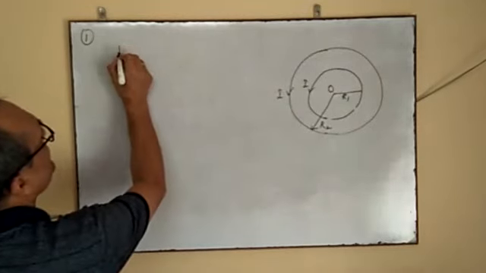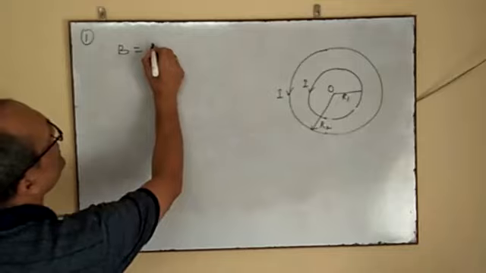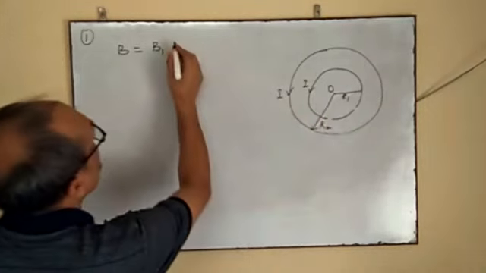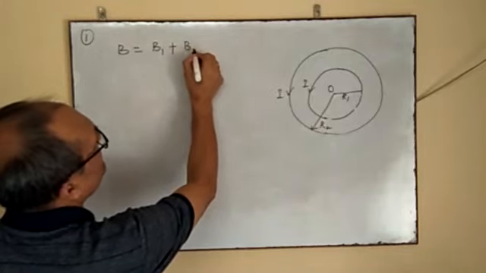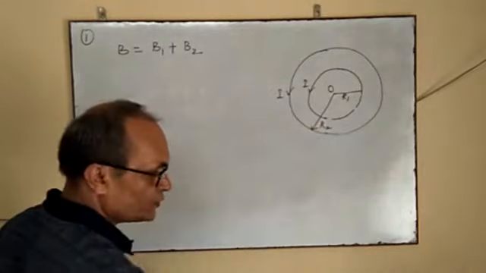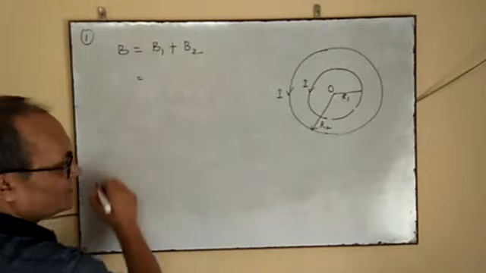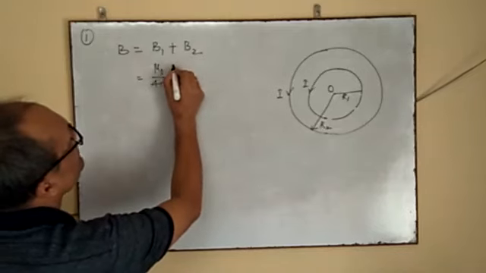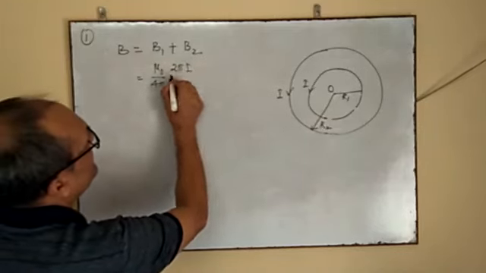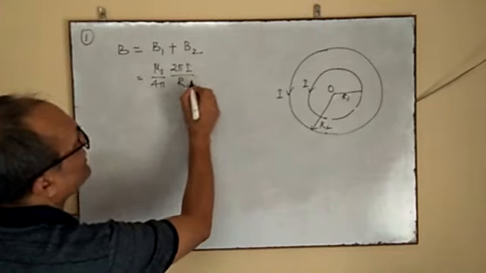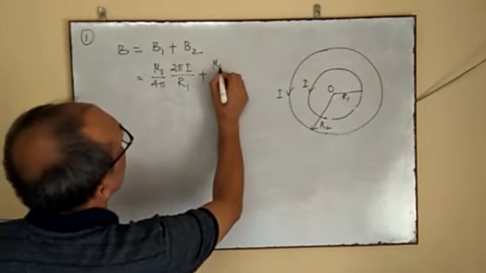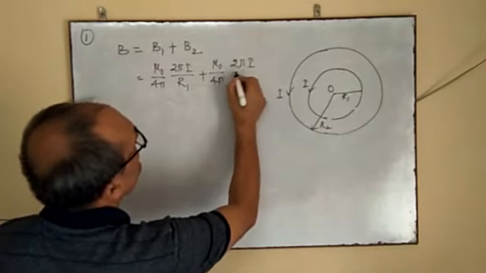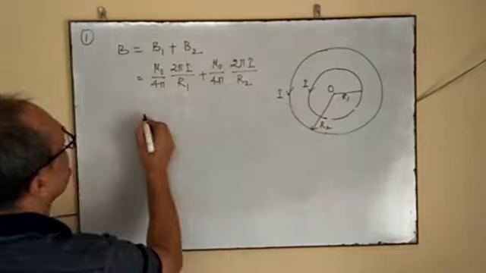So magnetic field B will be equal to the magnetic field due to this inner loop plus the magnetic field due to this outer loop. This will be equal to mu naught by 4 pi 2 pi I by its radius R1, plus mu naught by 4 pi 2 pi I by its radius R2.